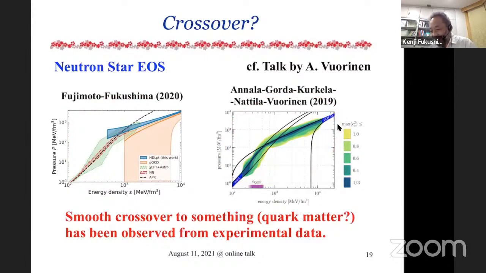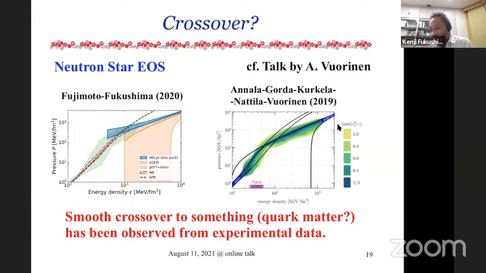The pressure and the energy density have some behavior in the low density region in which the hadronic matter should be the correct description, but beyond some point the slope is changed, smoothly changed, and then the natural interpretation is that at this point you get a crossover to quark matter, but there is no jump, or there is no first order phase transition. If you have a first order phase transition, there must be some flat region that cannot be seen.